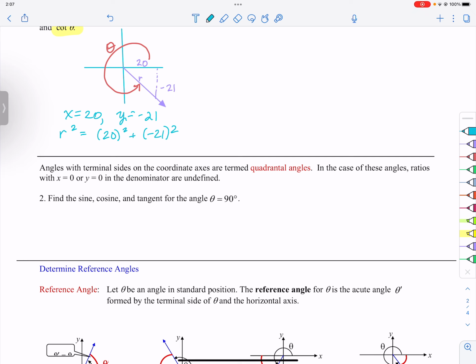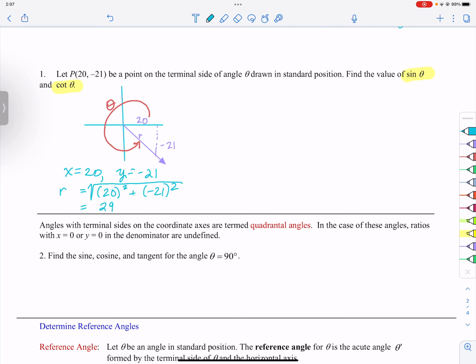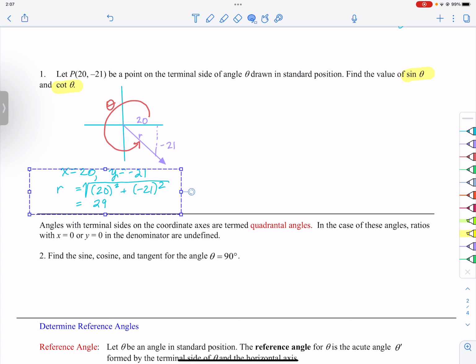And actually, why don't we just go ahead and write that r is the square root of those. And then you can put that in your calculator and see that r is 29. So that makes it really nice now for us.